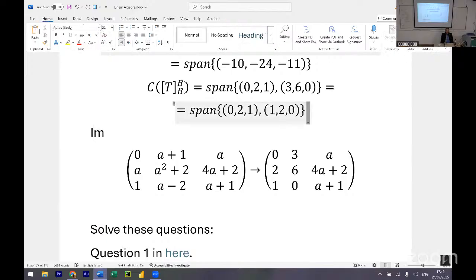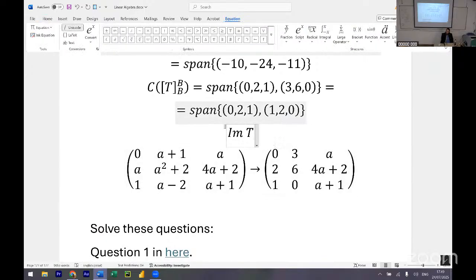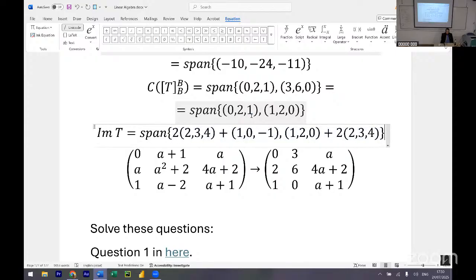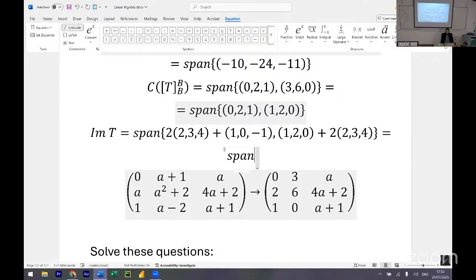And so the image of the linear transformation, we need to translate it, is the span of 2 times the second vector of B plus the third vector of B, comma, the first one, 1 2 3, plus 2 times the second one, and all together we get the span of 4 plus 1 is 5, 6 is 6, 8 minus 1 is 7, comma, 1 plus 4 is 5, 2 plus 6 is 8, and 0 plus 8 is 8.